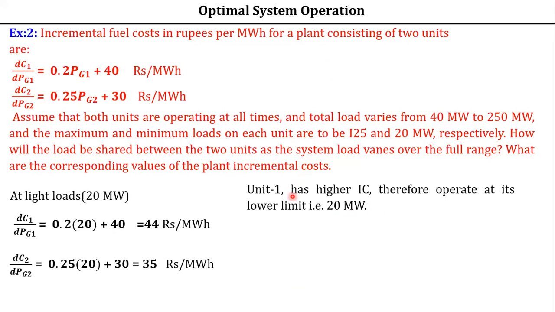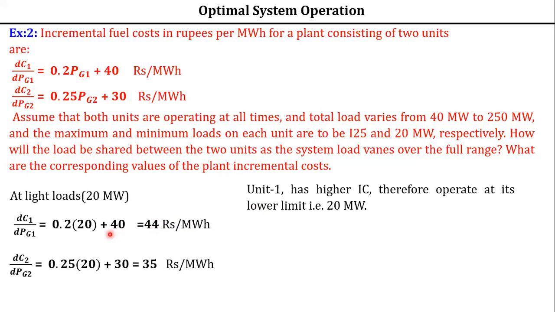Okay, so here we would have preferred unit 2. But now the problem is that the variable load is there. So we have to operate unit 1 and unit 2 as load varies from 40 megawatt to 250 megawatt. How are we going to do this? Unit 1 is having higher incremental cost.